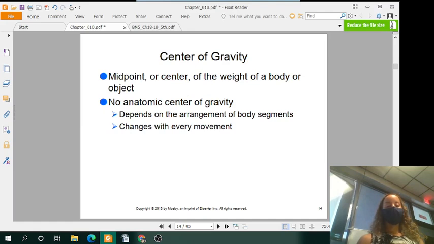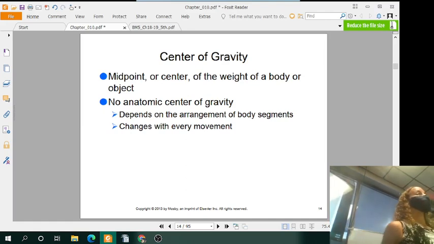Center of gravity. This is wherever the weight of our body is evenly distributed in all directions. And our body has to constantly change because we're constantly moving around. Our center of gravity can change. If we bend over to pick something up, our center of gravity adjusts. And we feel that when we make the movement, certain muscles stabilize us, right? And different muscles will have to put different amounts of force to keep us balanced, right?